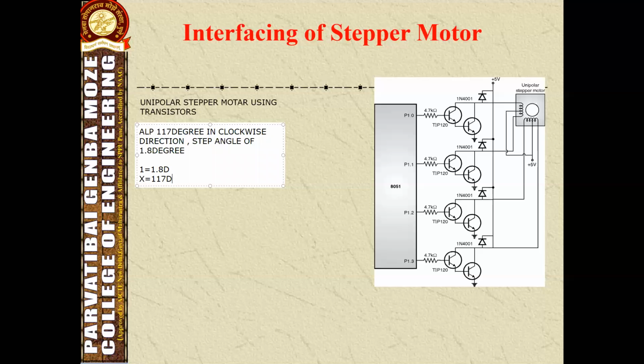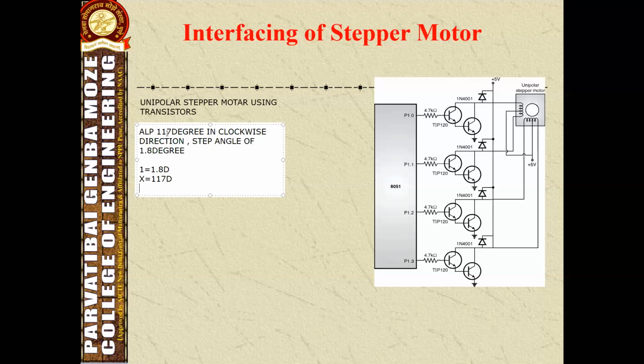We have to identify first what number of steps we have to provide to our port 1 pins to make the motor rotate 117 degrees, and it should rotate in a clockwise direction.